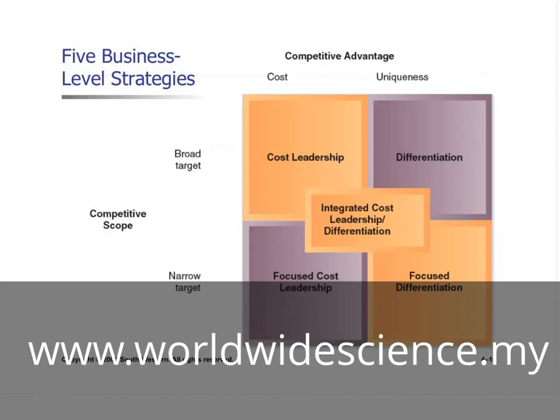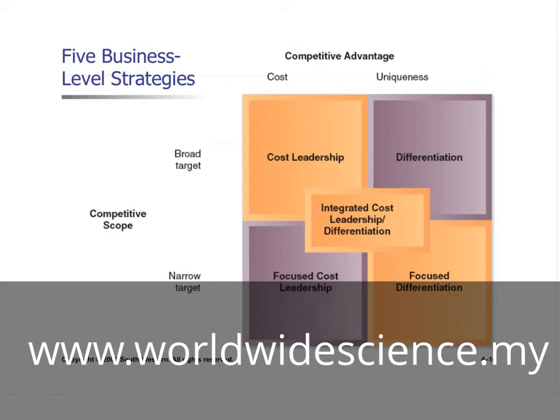So these are the five business level strategies. This is a very important grid. We will definitely be looking at this grid all through the semester. It is called the five business level strategies of competitive advantage. I want you to really understand it, and we'll discuss it in detail.